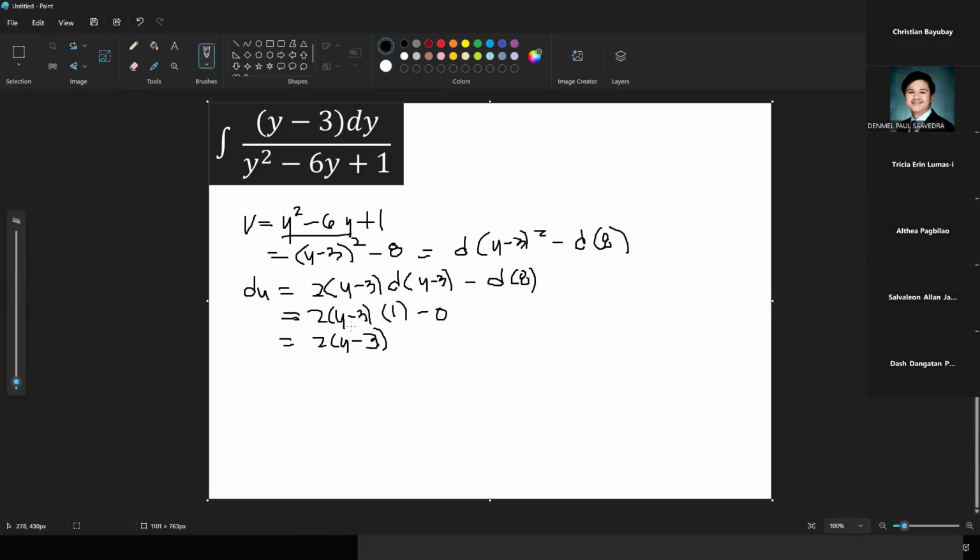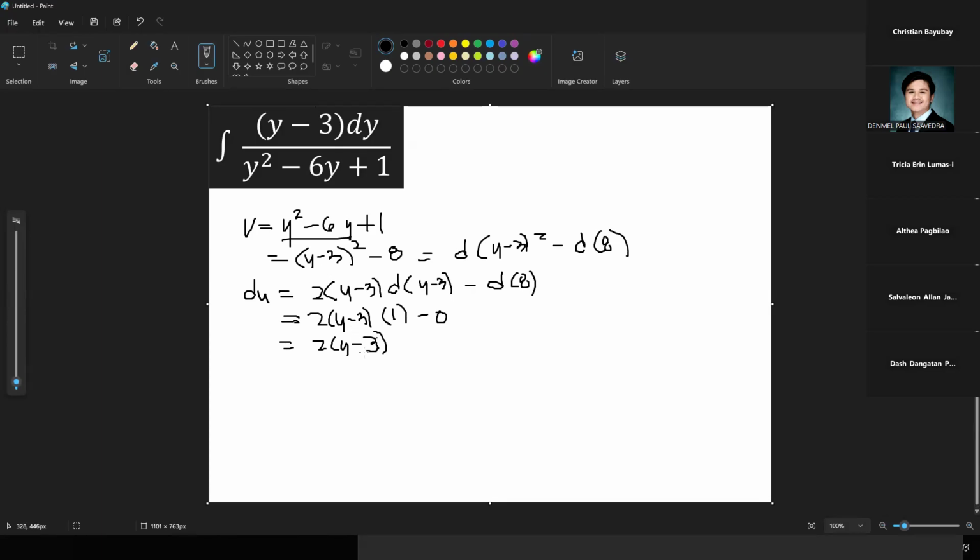If we compare now this one here, it's quite similar. We just need to use a balancing factor since we need to eliminate the 2. It's now 1 after the balancing factor. So as a result, just follow the formula.